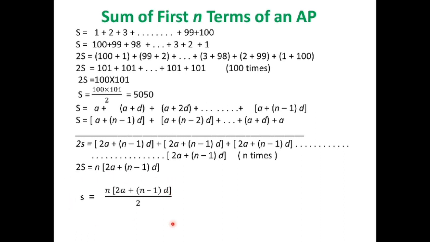The same formula we can write in another method. Look here. This is the formula we learned now: Sn equal to n by 2 into 2a plus n minus 1 into d. If you write this one like this, can you write 2a as a plus a? I wrote 2a as a plus a, and n minus 1 into d. But we already learned this one, a plus n minus 1 into d. What is this? Yes, the nth term. In an arithmetic progression, n terms are there, and this is the nth term.